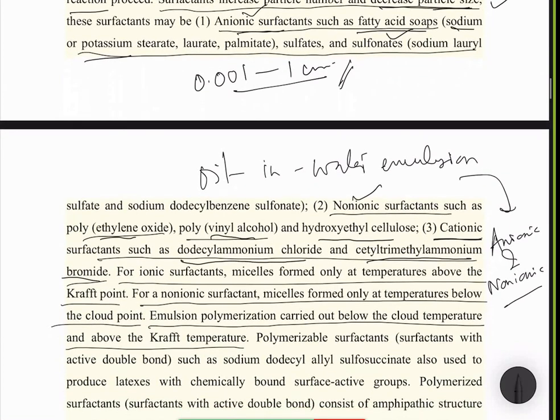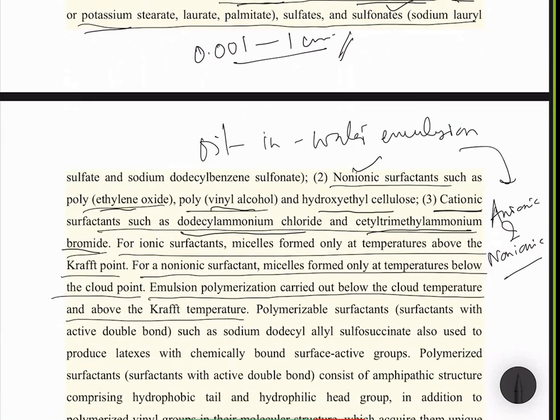And in oil in water emulsion, or what we call a conventional emulsion, we use these anionic surfactants for stabilizing the micelle, or rather for the formation of the micelle where the polymerization takes place, and a non-ionic surfactant as well, which acts as a protective colloid of your finally formed polymer particles or latex.